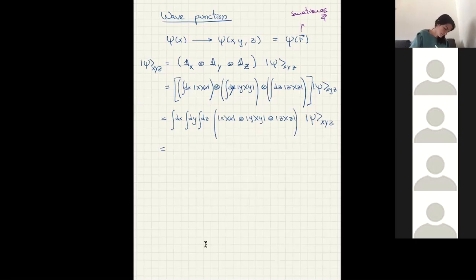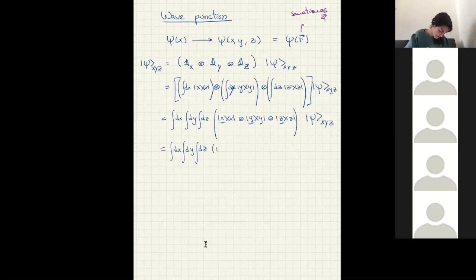And now we just regroup things a little bit. Okay, so we'll just take all the kets to one side and all the bras to the other side. Which if you work out, if you write down as vectors and columns, you see that you can do this.